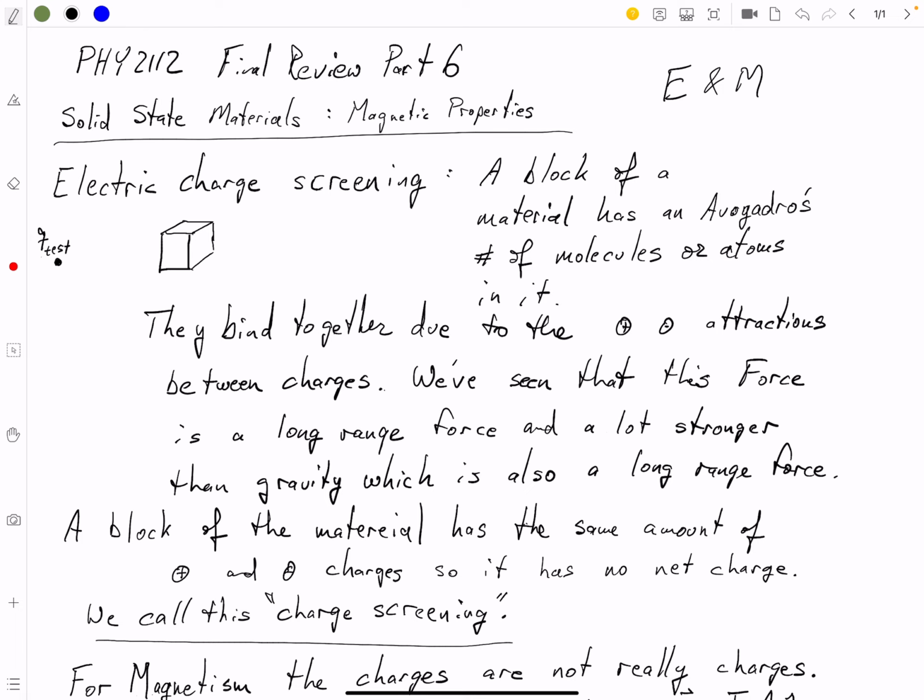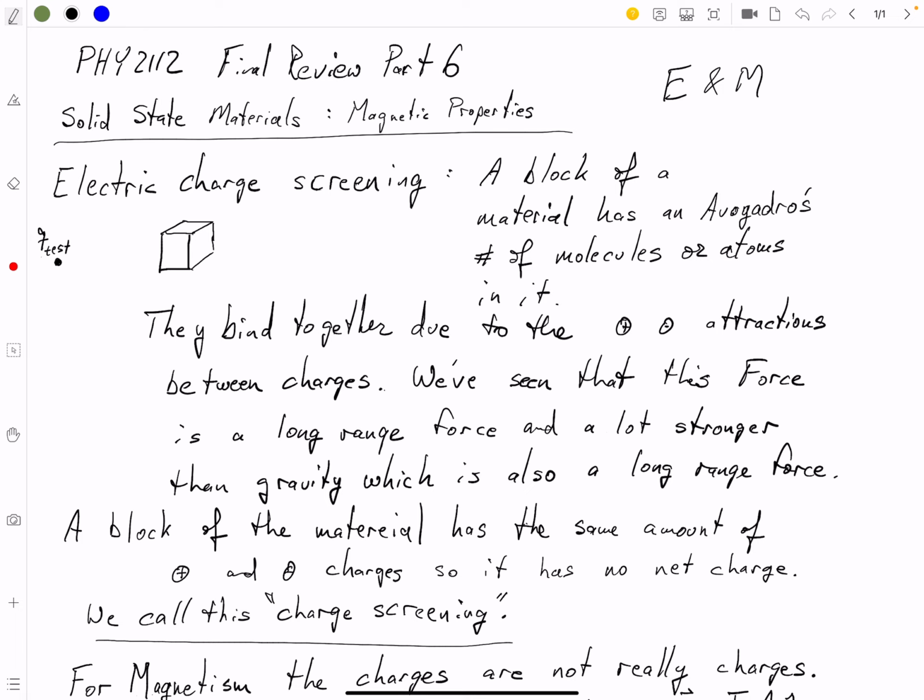So we're going to look at it from the point of view of electric charge first, and then we'll look at the magnetic effects secondly.